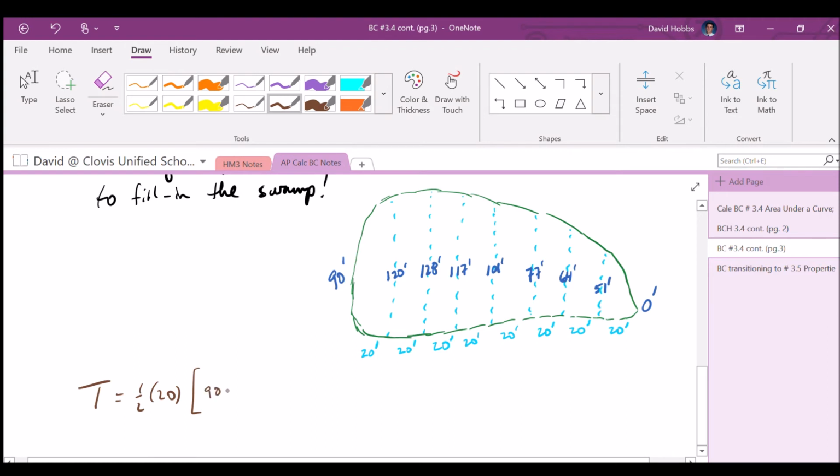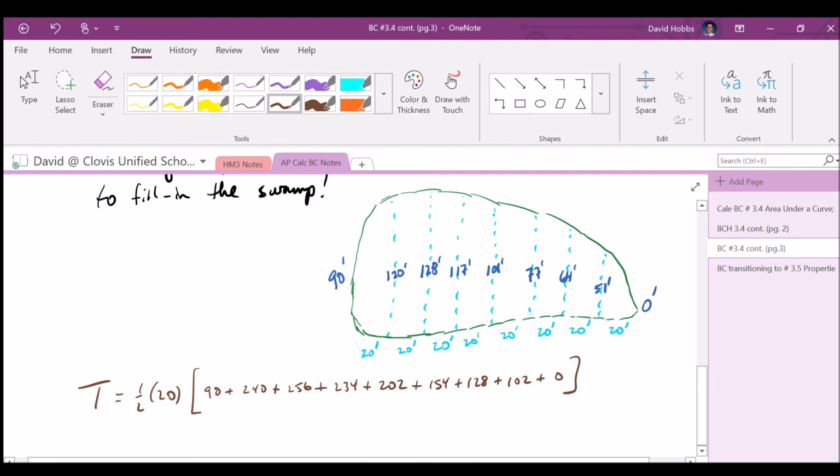So 90 plus 2 times 120 plus 2 times 128 plus 2 times 117 plus 2 times 101 plus 2 times 77 plus 2 times 64 plus 2 times 51 plus, excuse me, not 2 times, but just plus 102.